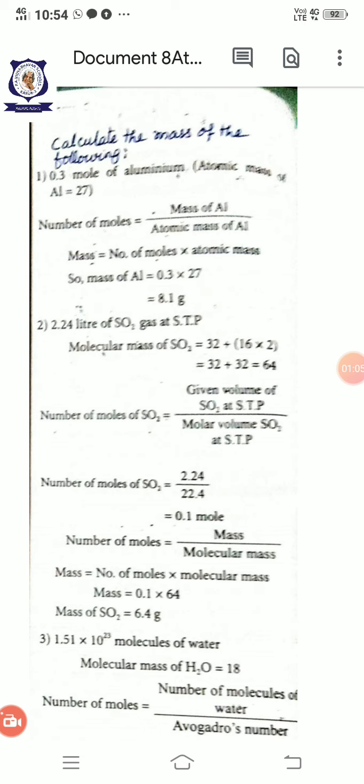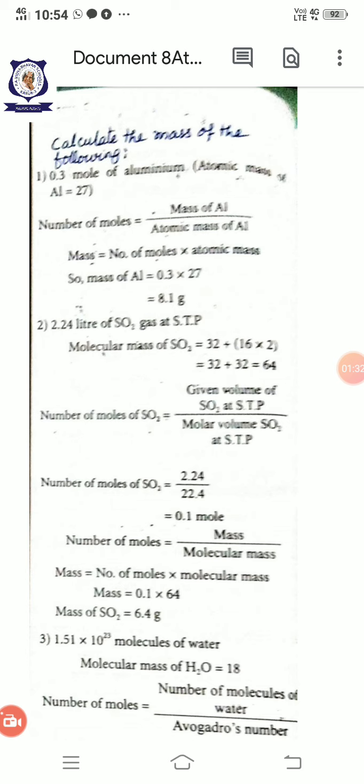Already in our last class we have studied two types of calculations. One is if mass is given, we have to find the number of moles. That means mass by atomic mass or mass by molar mass will give the number of moles. Another one, if number of molecules or number of atoms is given, again how can we calculate number of moles?